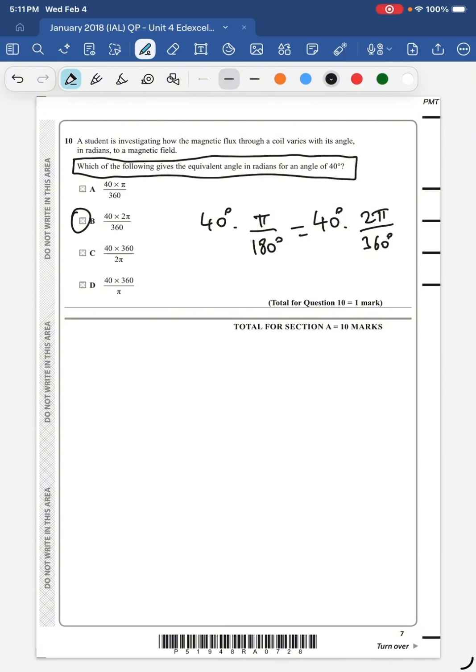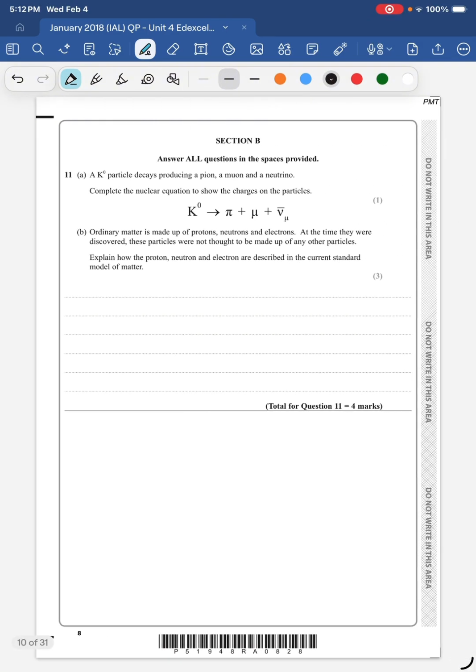So B is the correct answer. All right, so as you can see, so far all the questions in section A are possible questions that you can see in the modern spec. So let's move on to question 11, which is the first question in section B.